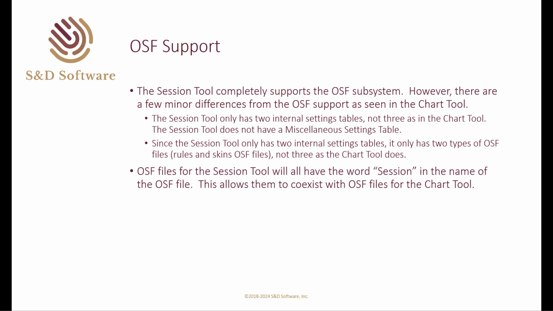Well, the session tool only has 2 internal tables. It doesn't have a miscellaneous table. So it basically has a rules table and then a skins table, and that's it. So slight difference between the chart tool and the session tool. So the session tool is only going to have 2 types of OSF files associated with it: a rules OSF file and a skins OSF file.